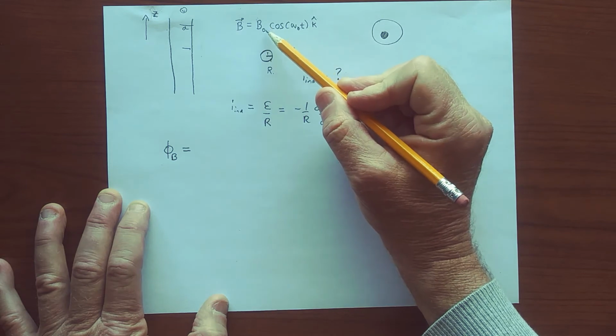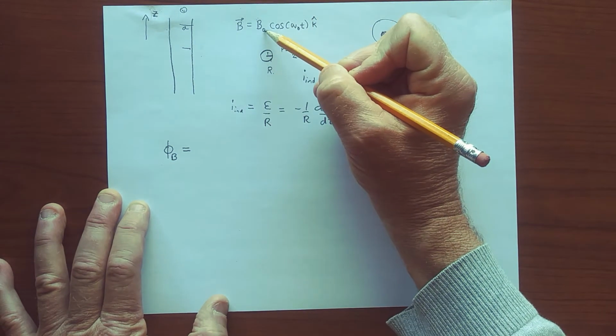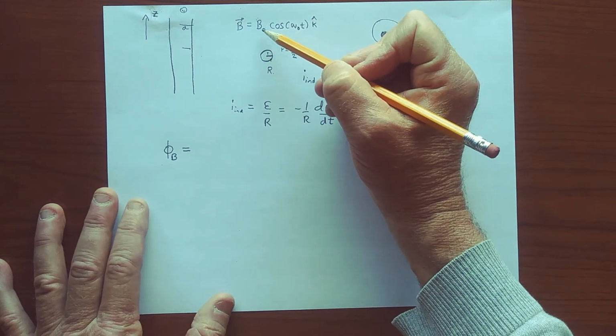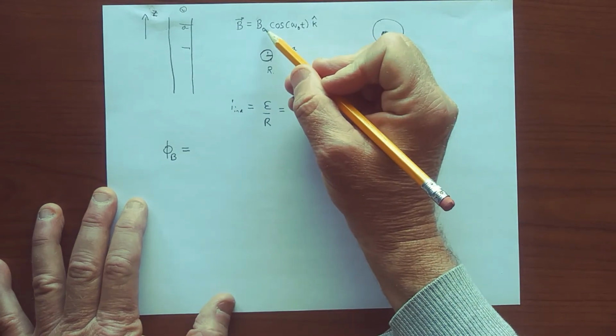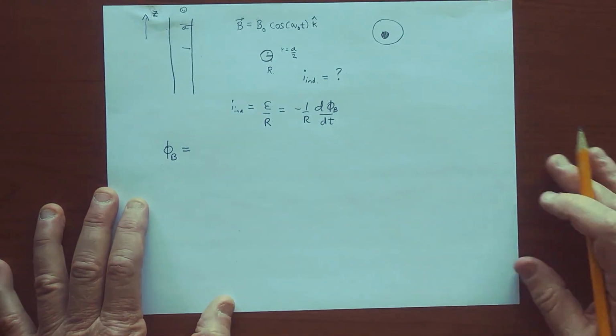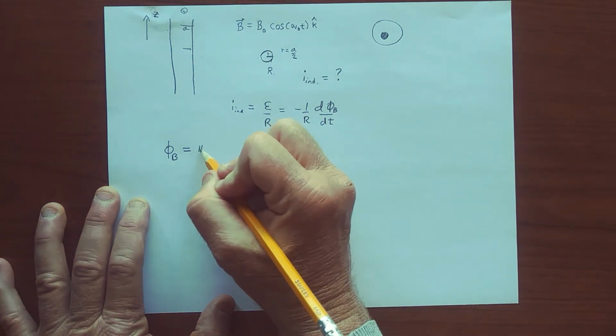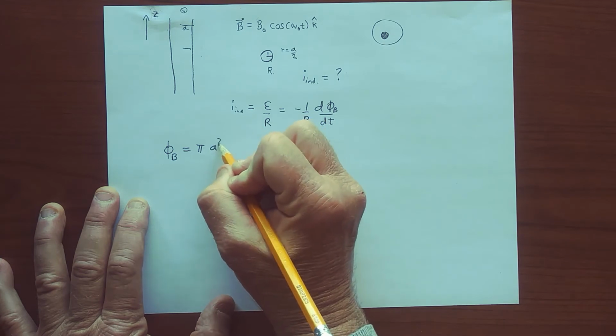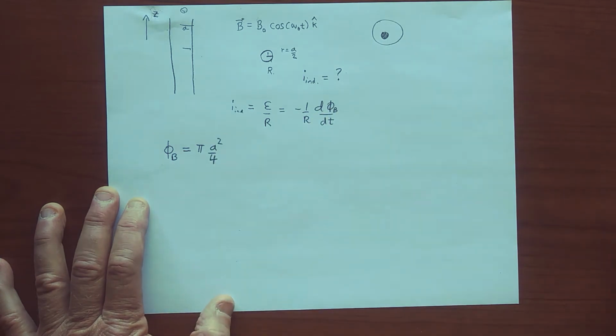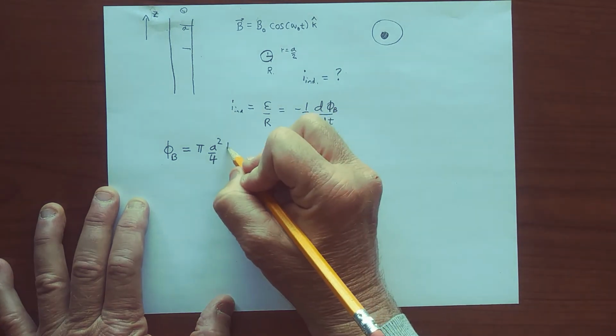And so we have a magnetic field that just has a magnitude of B naught. So the flux will be B naught times the area of the loop, which is pi times r squared, or pi a squared over 4, because we squared the radius, and the radius is a over 2, times B naught.